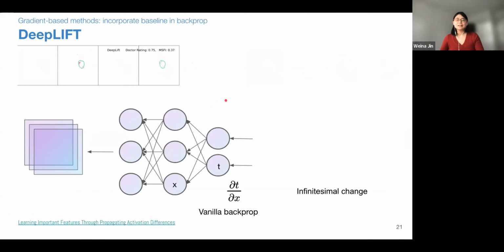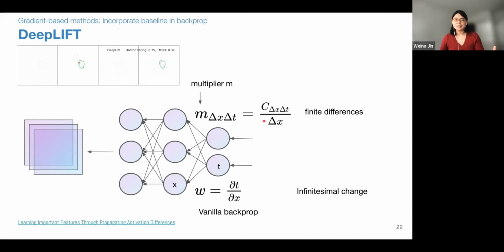Another idea to try to overcome the saturation is to incorporate the baseline, the delta x idea, into the backpropagation, to modify the backpropagation. Recall that in vanilla backpropagation, the gradient is an infinitesimal change. So the DeepLIFT method tried to modify the backpropagation to reflect the finite change from the previous neuron to the delta x.